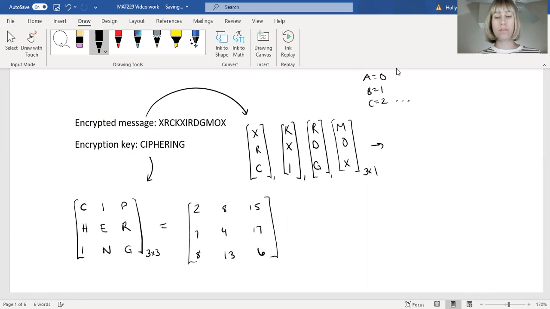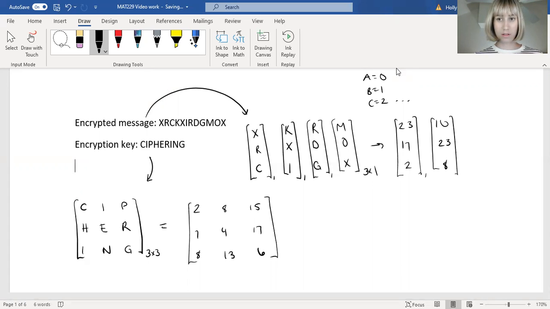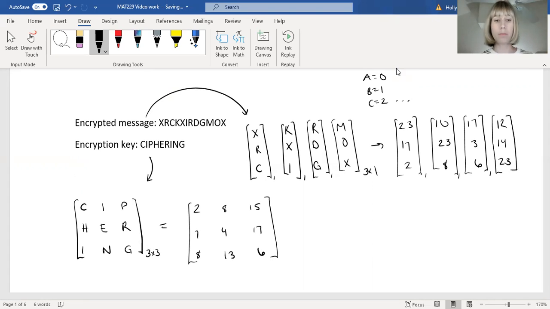And our vectors will be converted into 23, 17, 2, then 10, 23, and 8, then 17, 3, and 6, and finally 12, 14, and 23. Since these are all converted into numbers, this will allow us to do calculations. Eventually, we will have to multiply these two together.